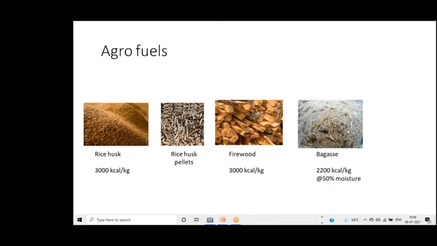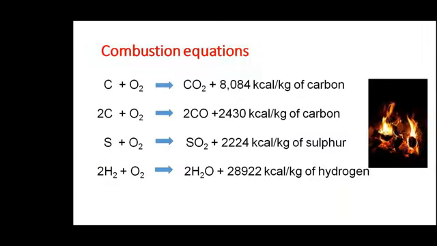Bagasse from the sugar cane: after crushing the sugar cane, we get the juice, and what is left over after the juice is taken out is bagasse. Each one has different calorific values, mostly in the range of 2500 to 4000. Coconut shell is a good fuel. It can go up to 4000.